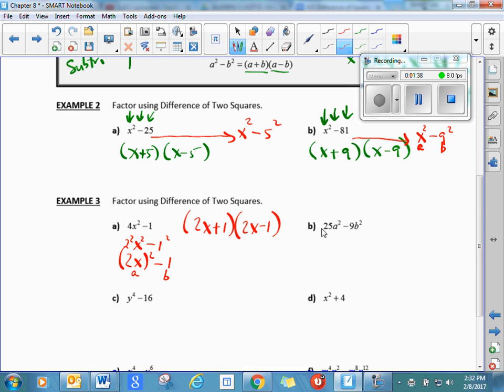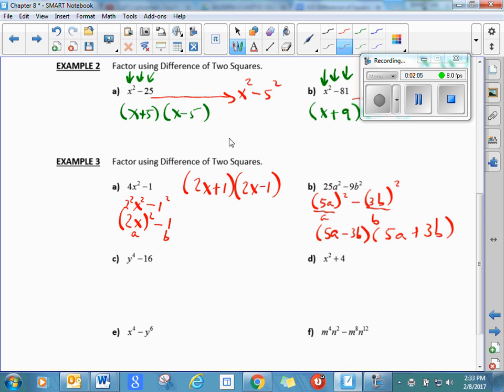If you look at b, this is 5a, all of that squared, minus 3b, all of that squared. So this becomes my a, this becomes my b, and I can write it 5a minus 3b and 5a plus 3b.